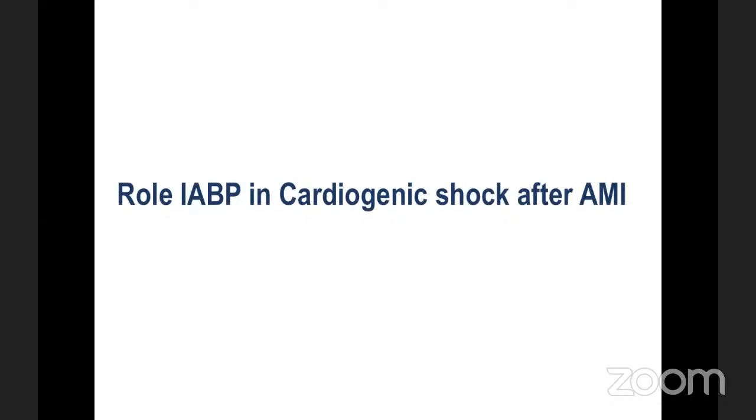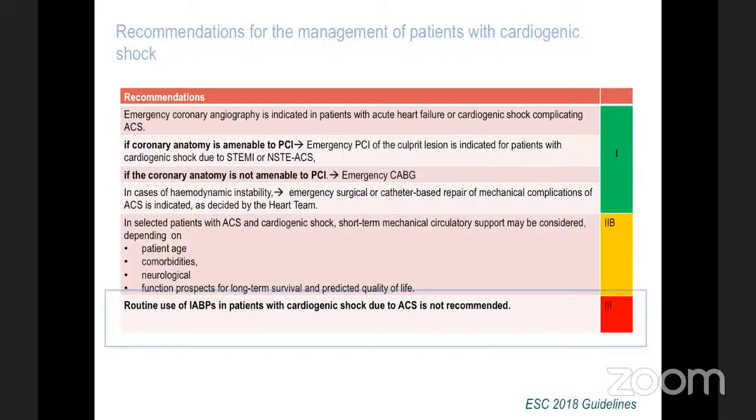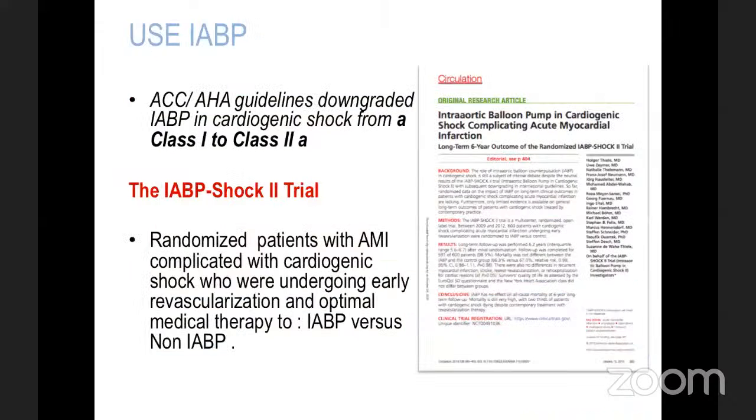So what is the role of the intra-aortic balloon pump in cardiogenic shock after acute MI? As we mentioned before, routine use of the intra-aortic balloon pump in cardiogenic shock is not recommended. If you look at the trials, in the 2013 guidelines they downgraded the intra-aortic balloon pump in cardiogenic shock from class 1 to class 2A.